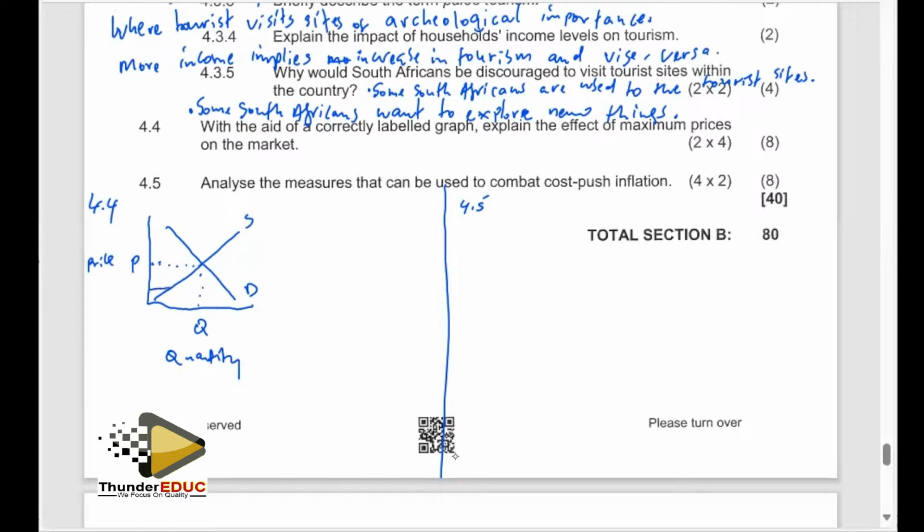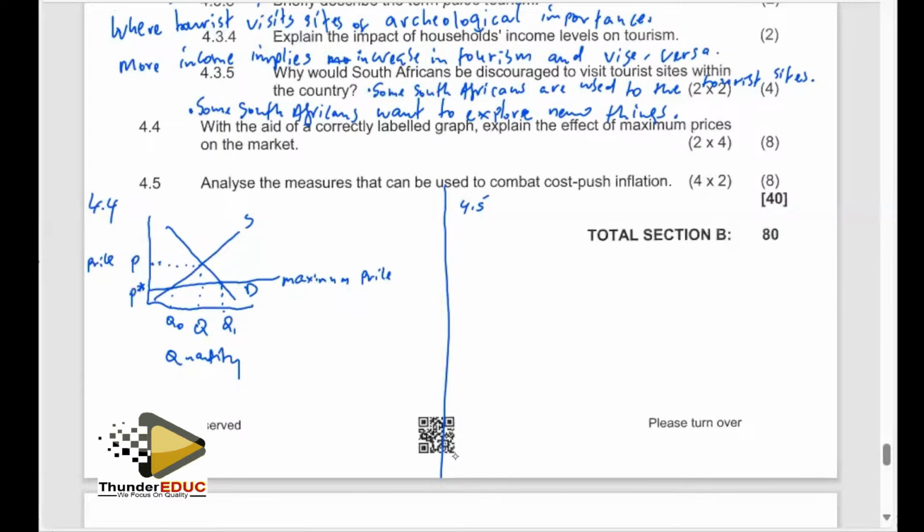So now we have our maximum price. Then here we have our Q1 and then our Q0, then our P star.